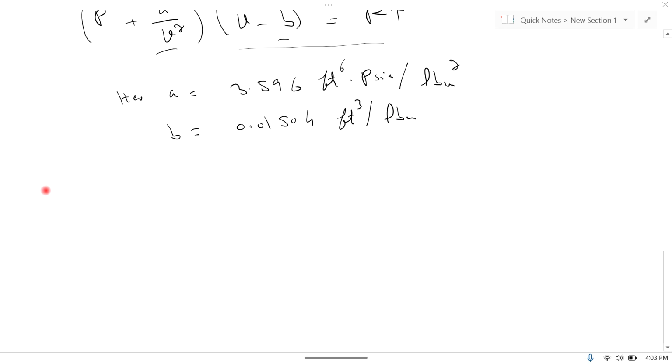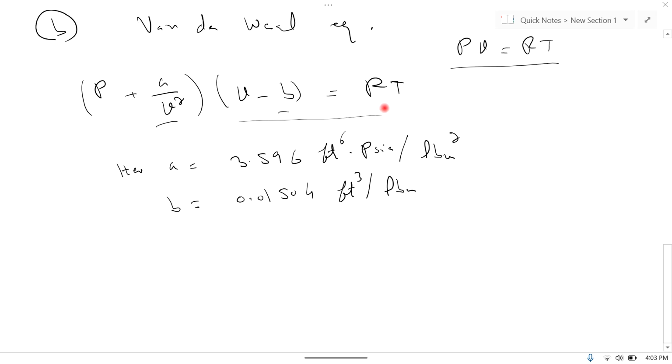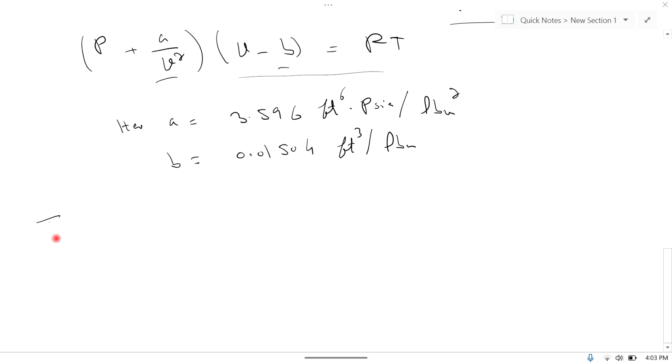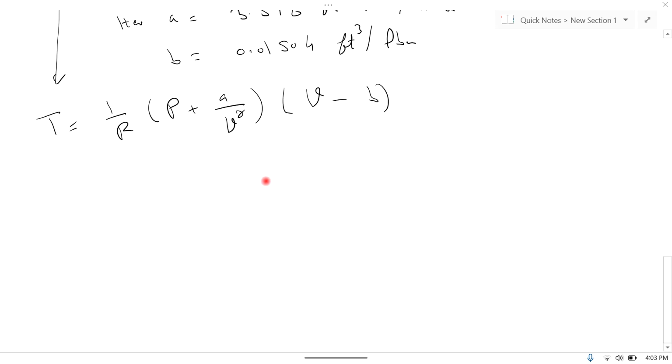So putting in values, this is RT, so dividing both sides by R, T is equal to 1 over R times (P plus A divided by V square) times (V minus B). So T is equal to 1 over R, where the value of R for R134A is 0.1052 psia cubic feet per pound mass per degree R, times P plus A divided by V square.